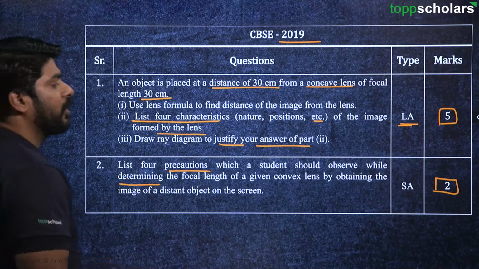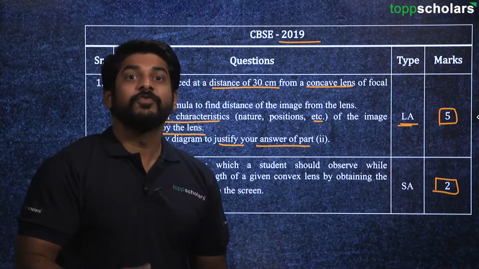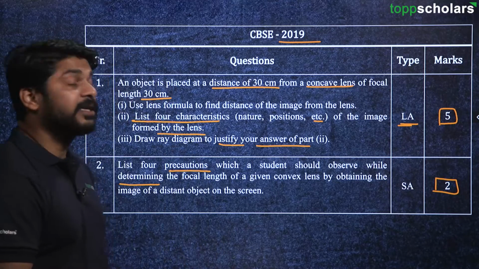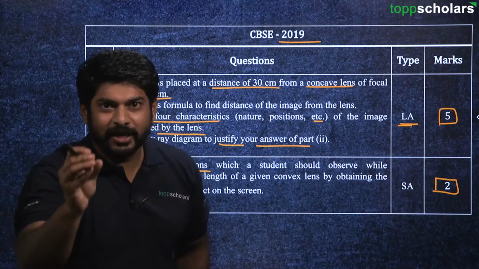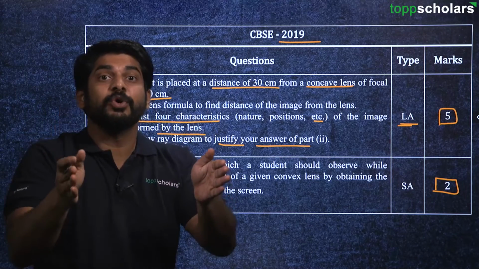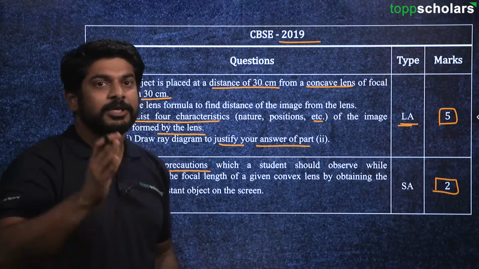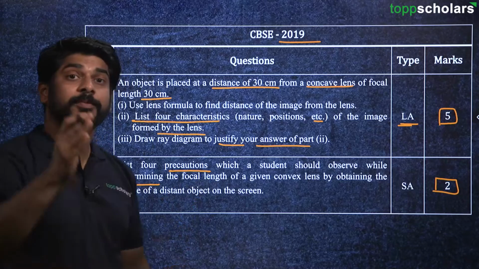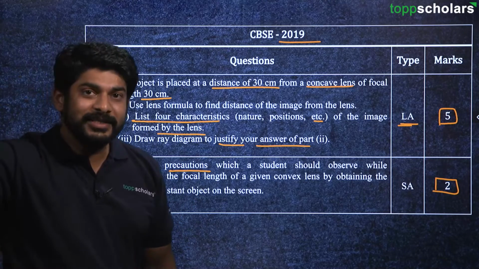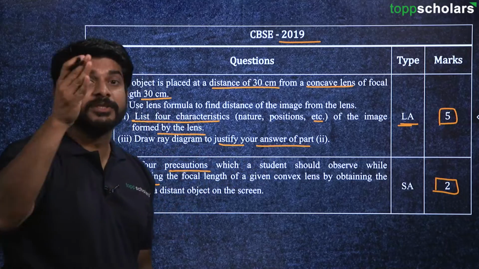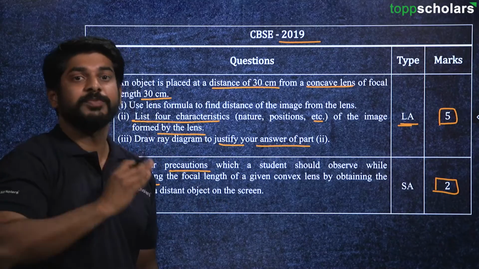For example, if you are finding out the focal length of a lens, the first thing that you have to take care of is that the lens and the screen, both of these must be on the same level, isn't it? If they are not on the same level, then definitely you are not going to get a proper image of that distant object on the screen. So the level of this lens and the screen must be same.